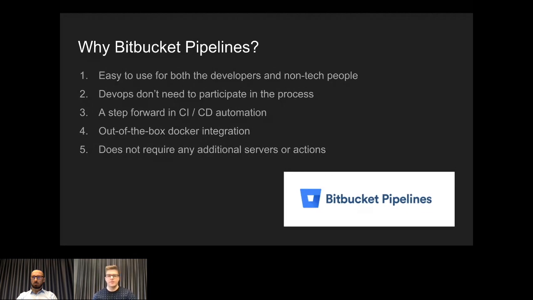If you have a Dockerized environment, then the integration with Bitbucket Pipelines is really easy and fast. It also does not require any additional servers or actions. So you don't need to ask your DevOps team to set up another server or install some software or update, anything like that, because everything is done on Atlassian infrastructure. Atlassian is the owner of Bitbucket, so you don't need to be worried about that.